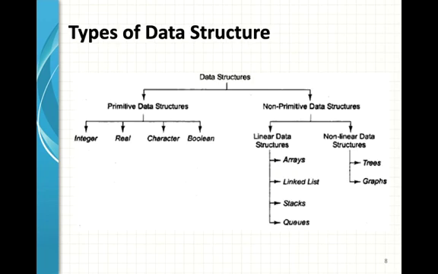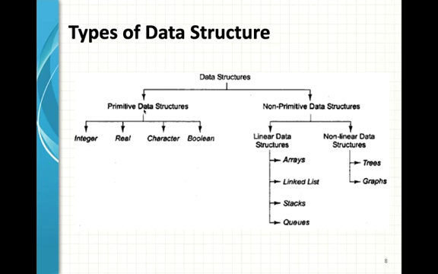So finally, we are about to end unit 1, and these are the final varieties of our data structure, and we have to study all about these data structures. Actually, data structures have two broad kinds: primitive and non-primitive.